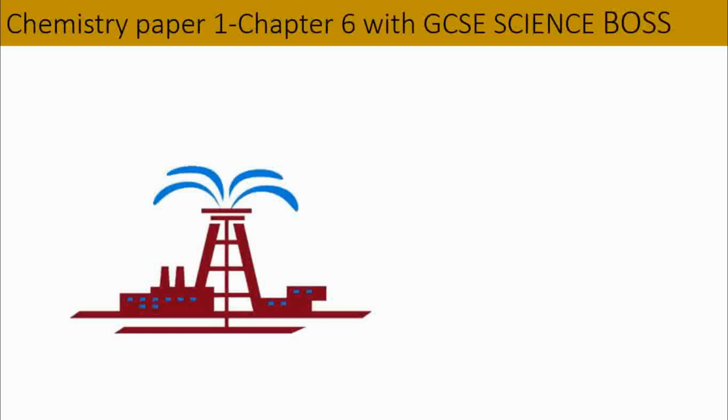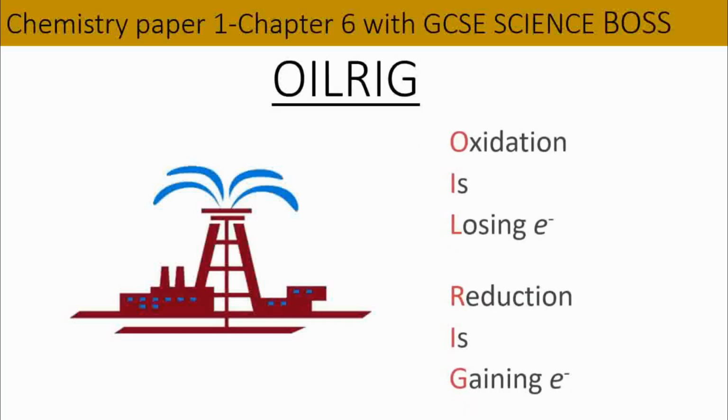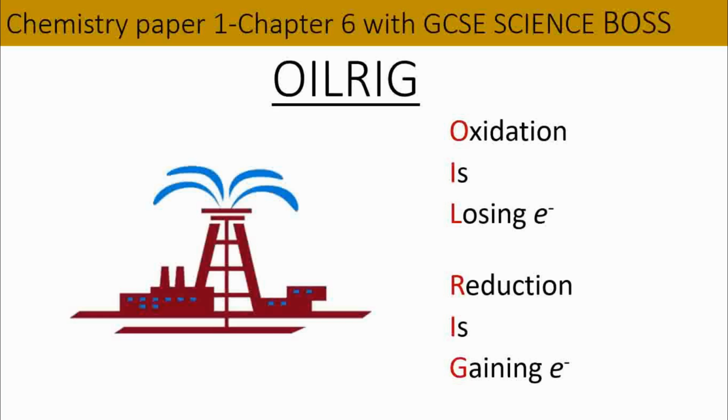So what exactly is oxidation? What exactly is reduction? Oxidation is the loss of electrons. This e minus here means electrons. And reduction is the gain of electrons, and you could use the mnemonic OIL RIG to remember this.